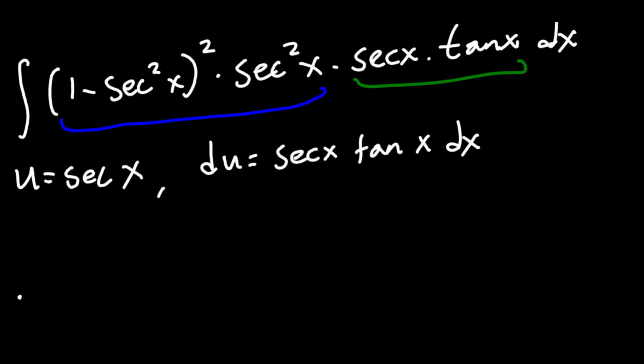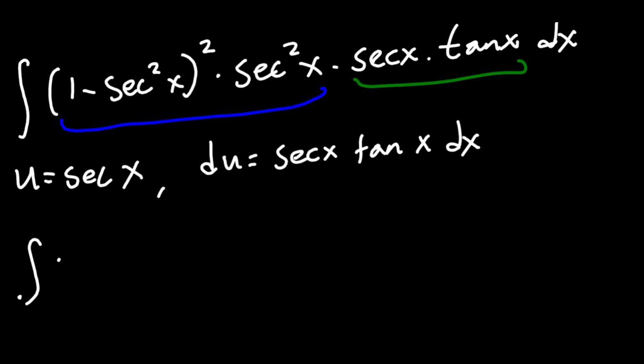So in this case, this works out super well because du is equal to secant x tangent x dx, which happens to be all of our leftovers. So now you can literally just replace everything in green with du.